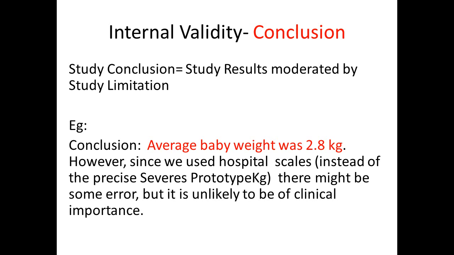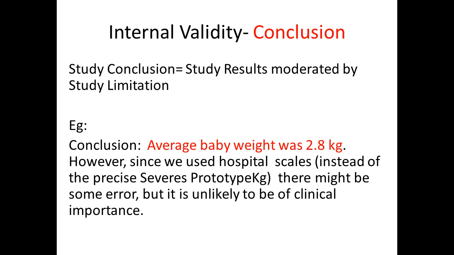Now, when it comes to the conclusion, the study conclusion is actually the study results moderated by study limitations. So the conclusion: the average weight of babies was 2.8 kilograms. However, since we used hospital scales instead of the precise prototype kg in France, there might be some error.